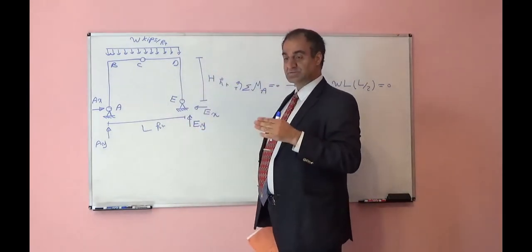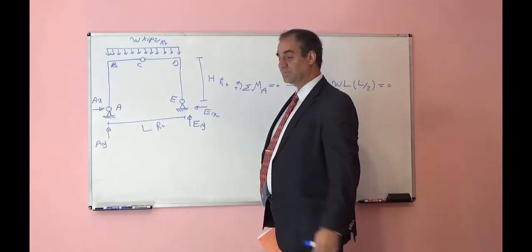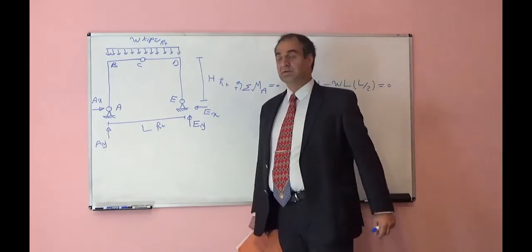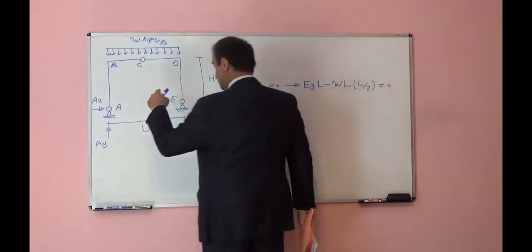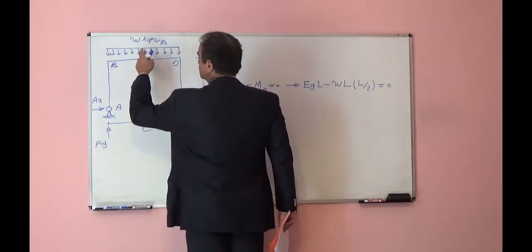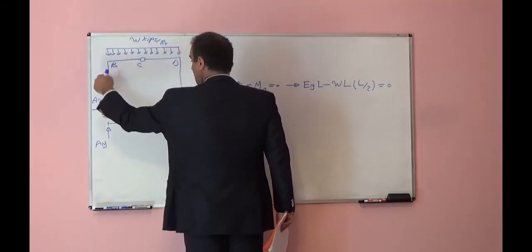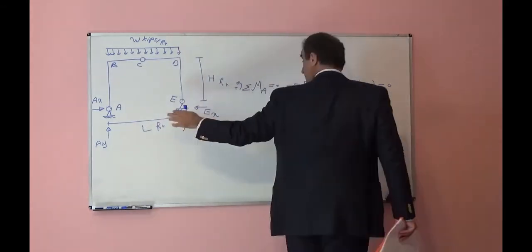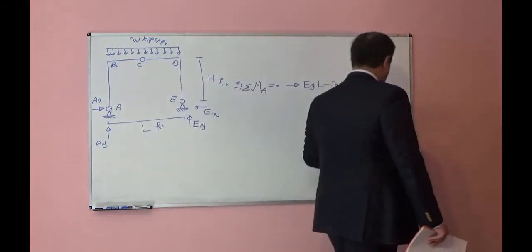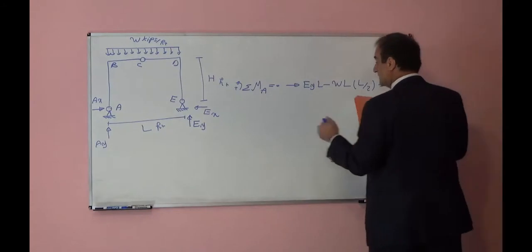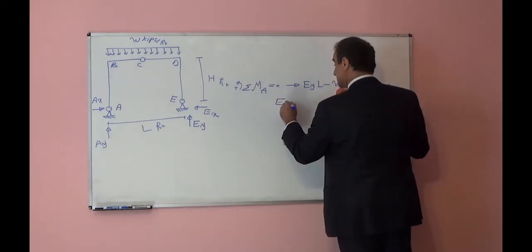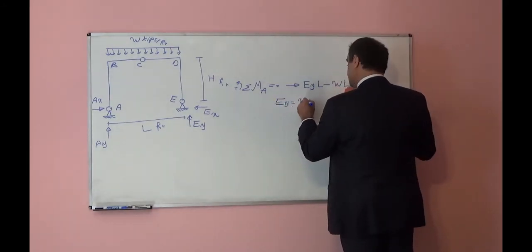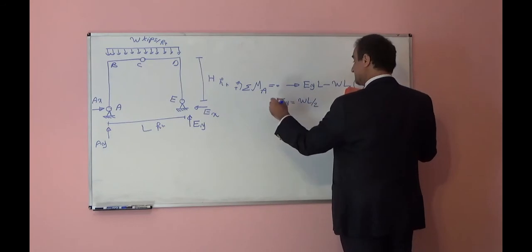Resultant force times the distance up to the point we are taking moment will give us a moment. So W times L times the distance from centroid of this rectangular up to point A, which is L over 2, is equal to 0. From here we can find EY will be WL over 2.